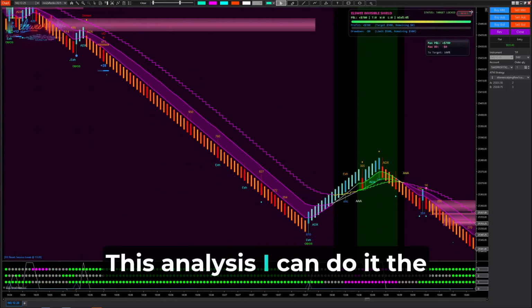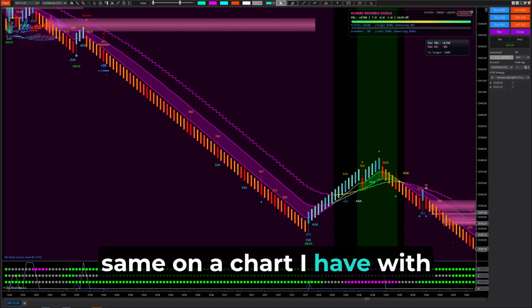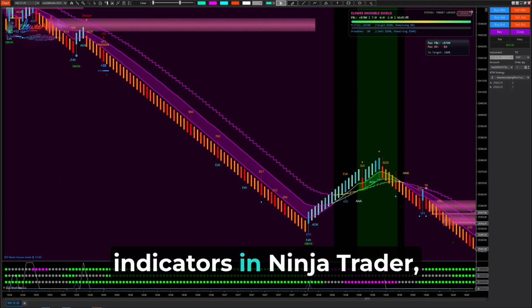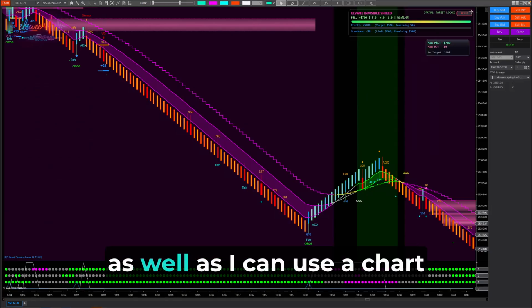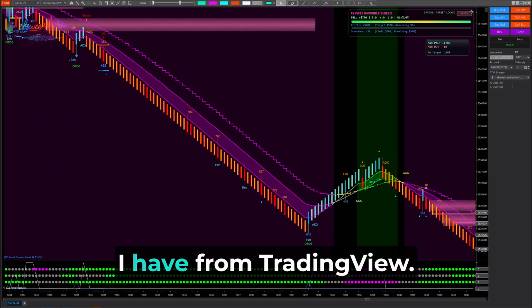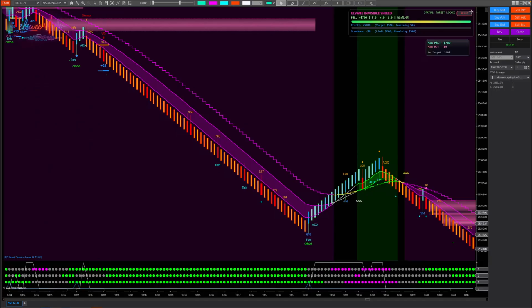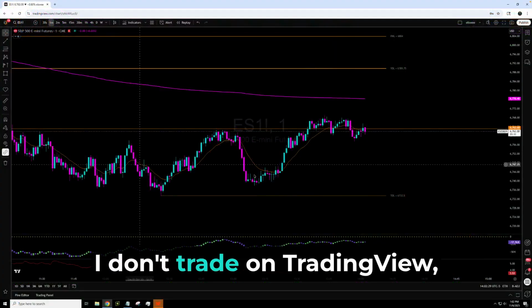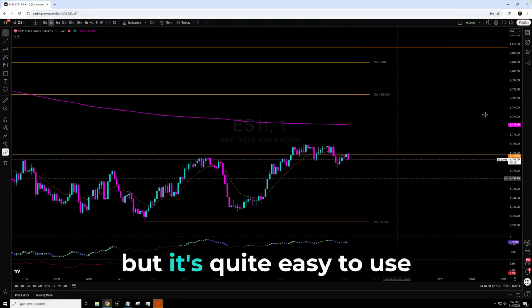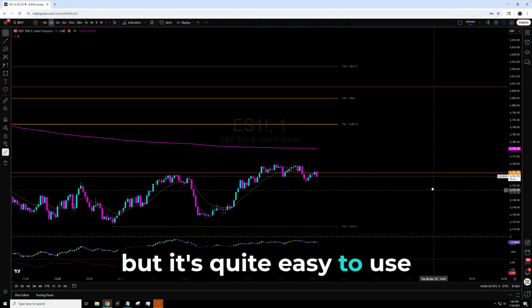This analysis, I can do it the same on a chart I have with indicators in NinjaTrader, as well as I can use a chart I have from TradingView. I don't trade on TradingView, but it's quite easy to use.